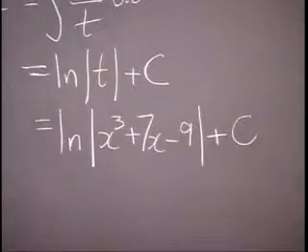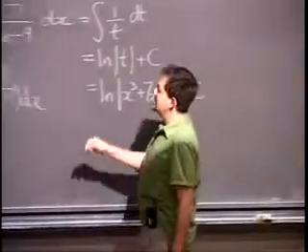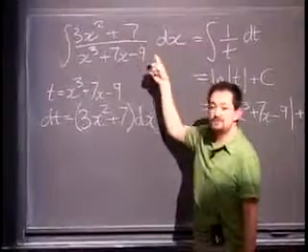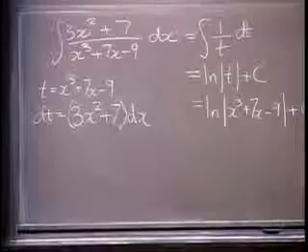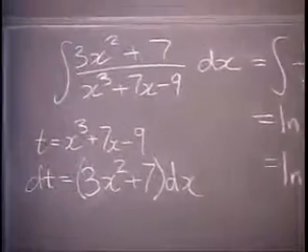Now, this is a special case of a more general rule. Whenever you have a fraction where the numerator is the derivative of the denominator, the answer is just the log of the absolute value of the denominator, plus a constant.